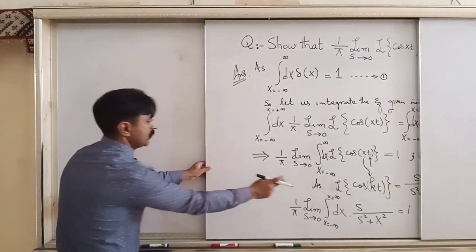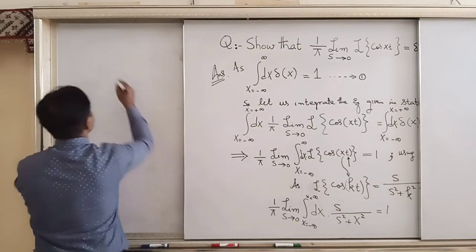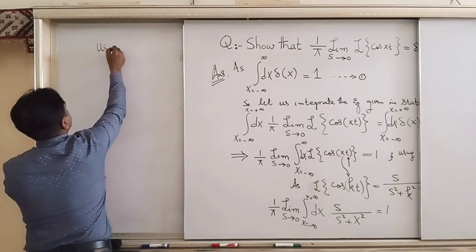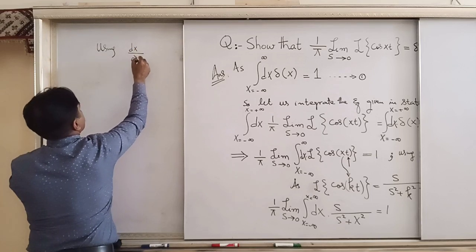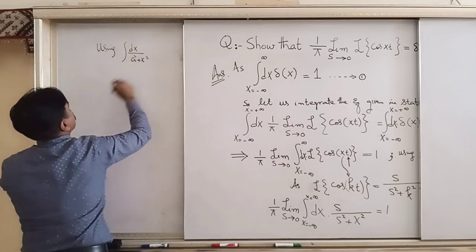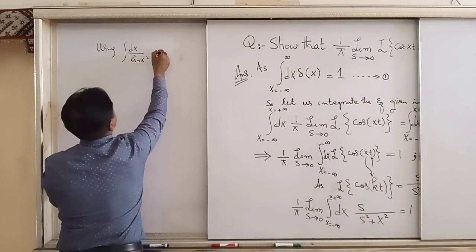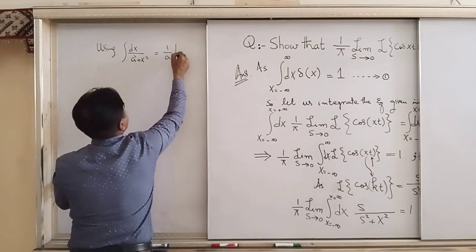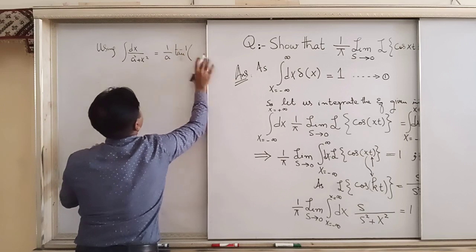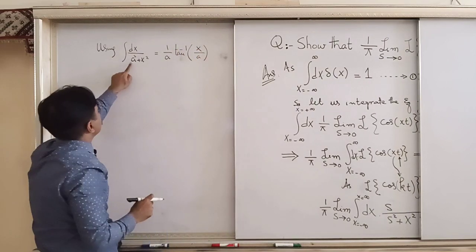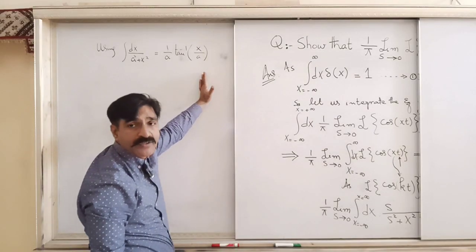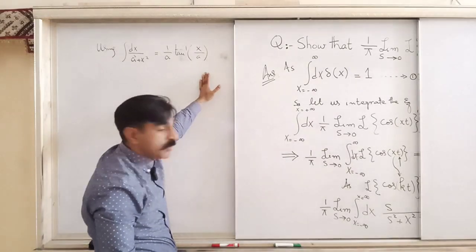This is the general form of the integral, 1 over a square plus x square, and this is equal to 1 over a tangent inverse x over a. This is your general standard formula which is written in the elementary calculus books.